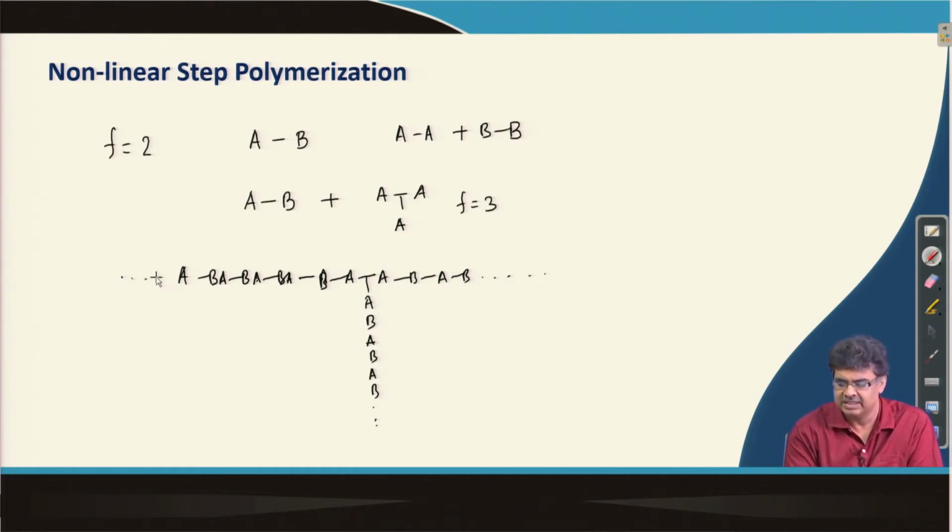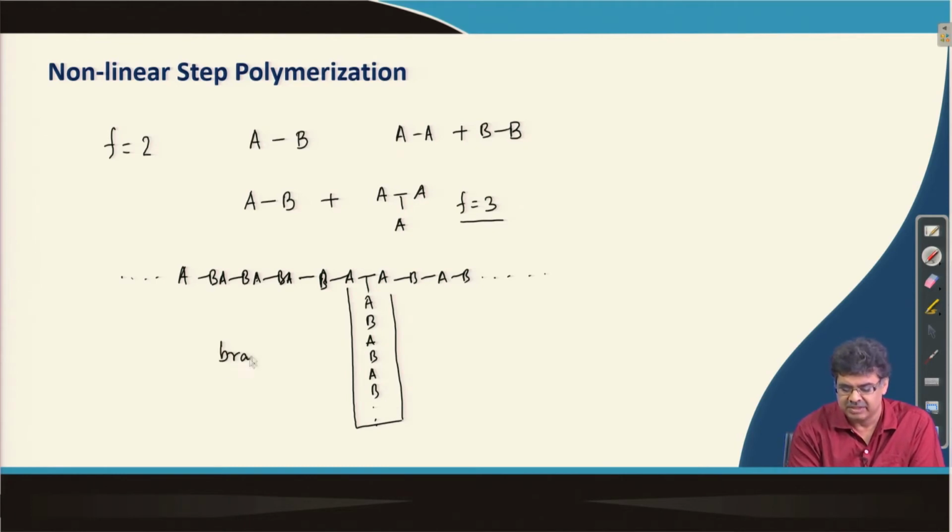So, in this case if we have a functionality of 3, then we are getting a branched structure. So, these are branched polymers.